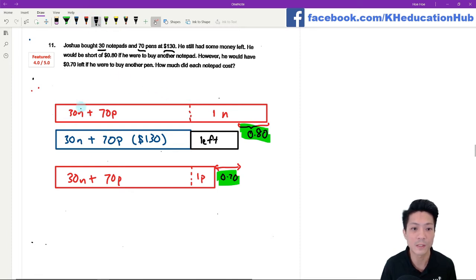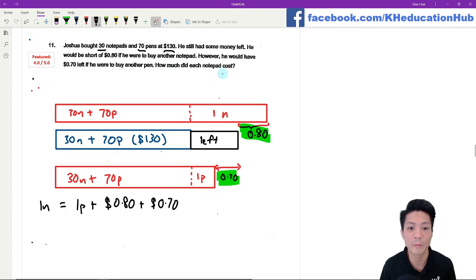Okay, we can write the statement over here. One notepad is equals to 1 pen plus 80 cents plus 70 cents. Okay, they want us to find out how much did each notepad cost.